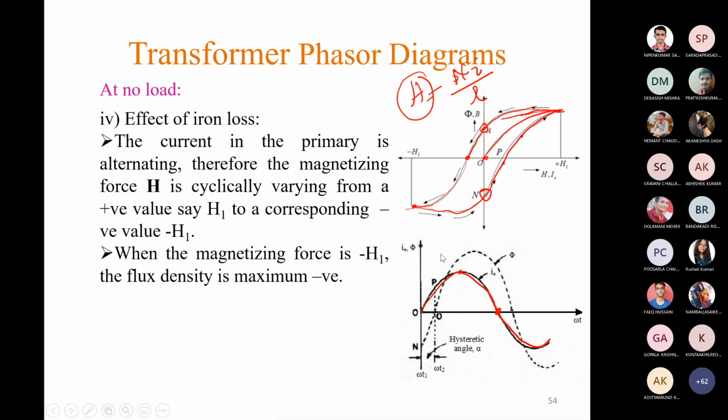So here the current, that is the exciting current, is not exactly in phase with the flux. Due to this hysteresis loop, there is some phase angle difference between the current wave and the flux wave.